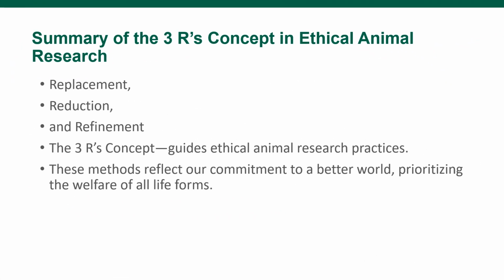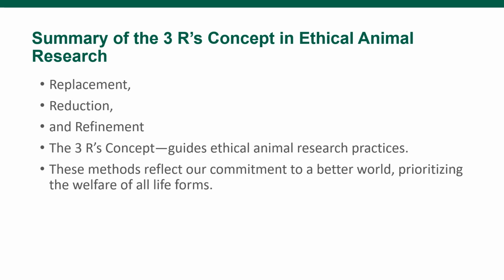In summary, the principles of the 3Rs concept are replacement, the use of non-animal methods where possible; reduction, minimizing the number of animals used; and refinement, improving living conditions, using less invasive techniques, and alleviating pain and distress.